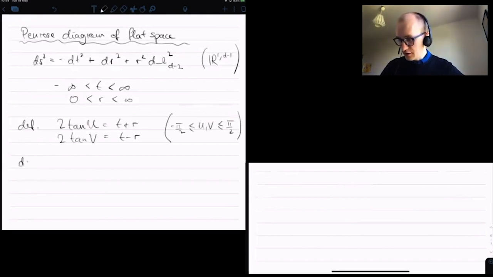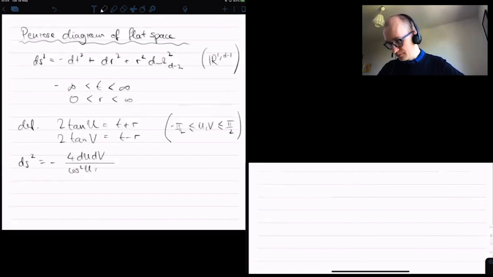And the metric, after a small computation, becomes 4 du dv divided by cosine squared u cosine squared v. There are two things that are obvious here. One is that these are light cone directions. So whenever you have light cone directions, the minus dt squared plus spatial direction becomes just a product of the two light cone directions.